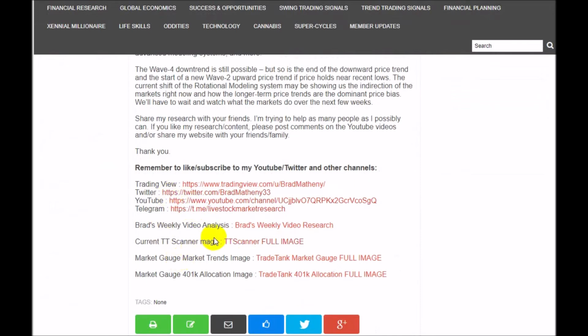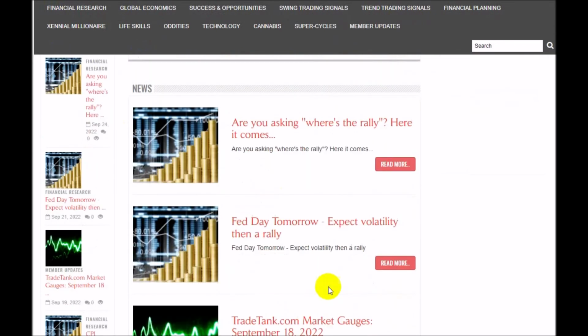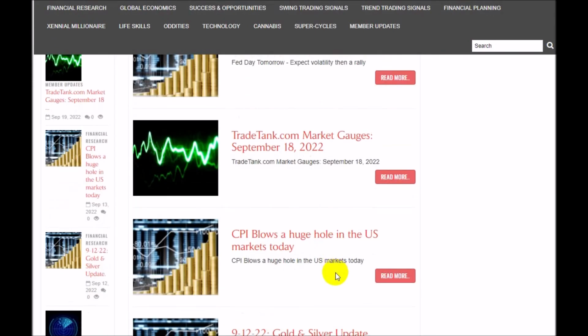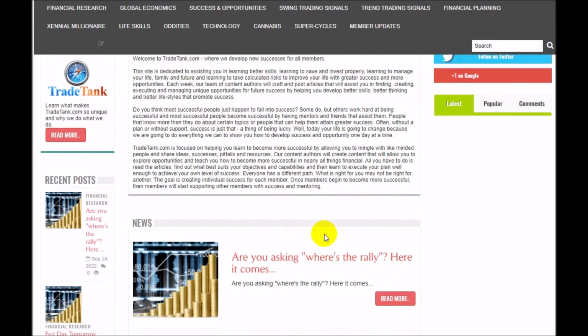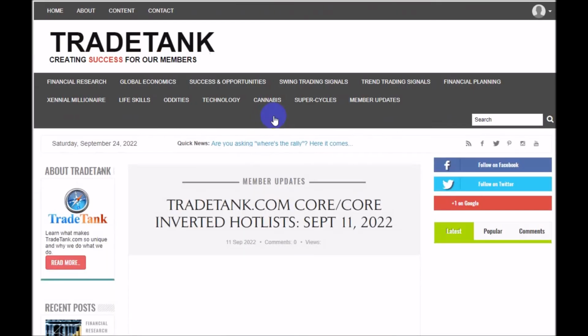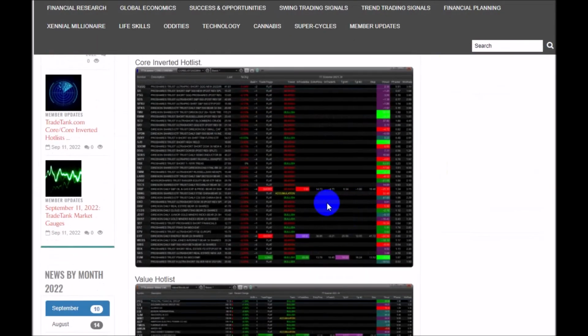So here is the TT scanner hot list, and then I post the extra hot lists in the market gauges. Here we go, the core inverted hot list. So you can see I post the extra ones here.